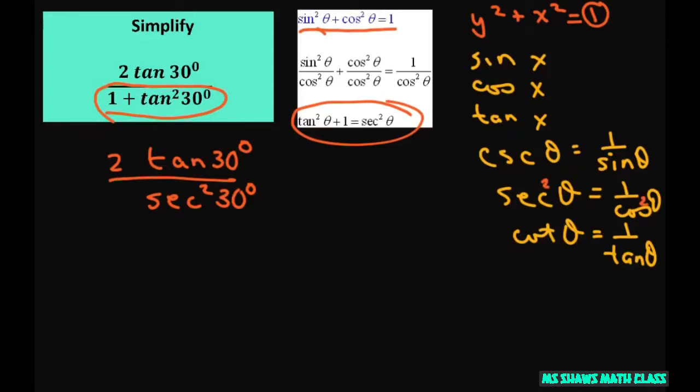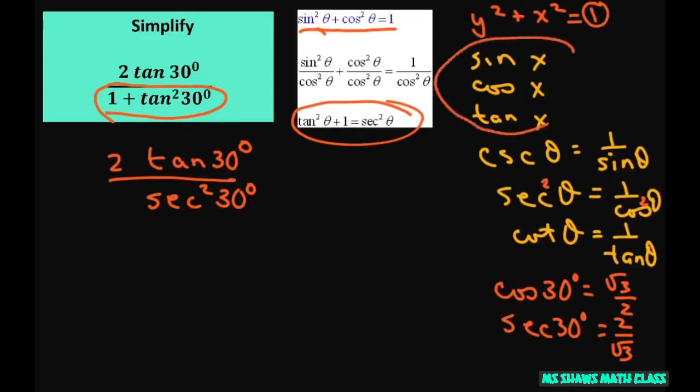If you already know what cosine of 30 is, we already should know cosine of 30 is square root of 3 divided by 2. So secant of 30 is just 2 divided by square root of 3. You just flip it. That's why you mainly need to know those, because all you have to do is flip them.